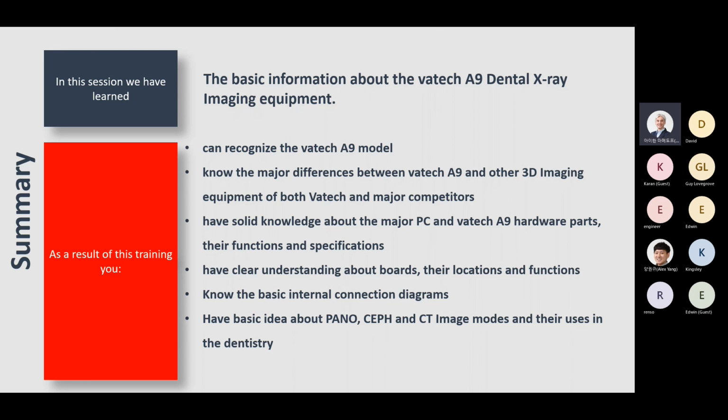What is the difference between the VATECH A9 and other products? I will remind you one more time. The biggest difference in the A9 is that it is a seated type. With all other VATECH products, the patient must stand in order to acquire an image. But in the case of the A9, it's a seated type, so you cannot take images standing.